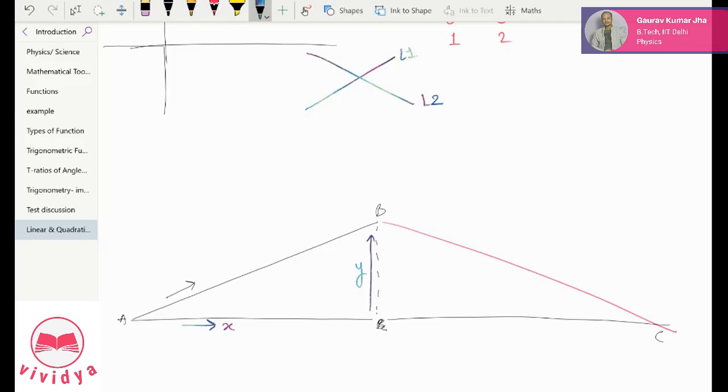Now you see what is happening. If you move horizontally ahead, you go little up. So you can see x is increasing, y is also increasing. Y represents height, x represents horizontal distance.